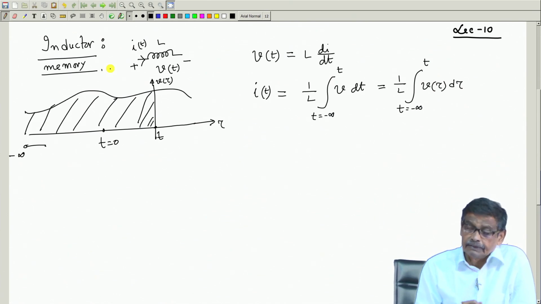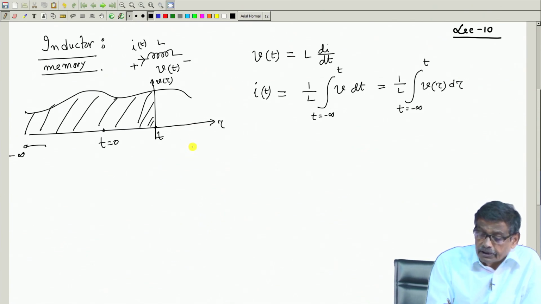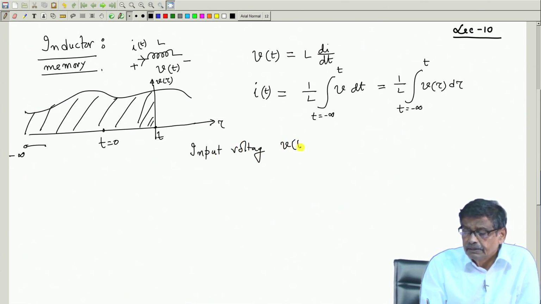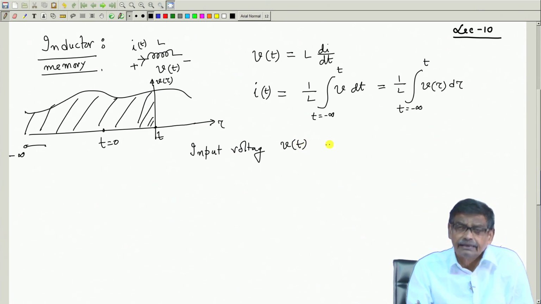We will assume that this input voltage V t is a reasonable signal.